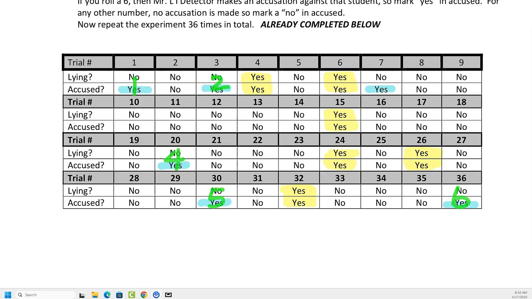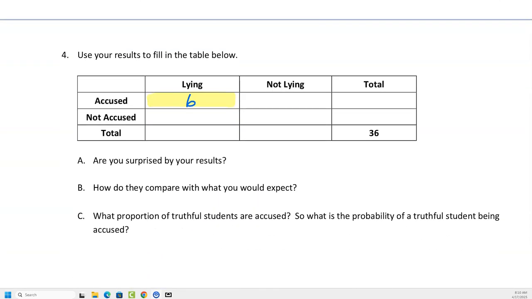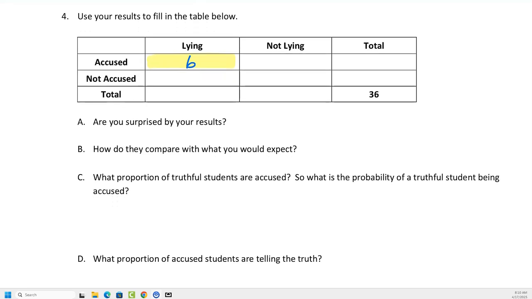Okay, do you guys see it? So there were 6 times that they were not lying, but were accused. So I'm going to come here, not lying and accused. Oh, that's this one here, isn't it? So we know that is 6.